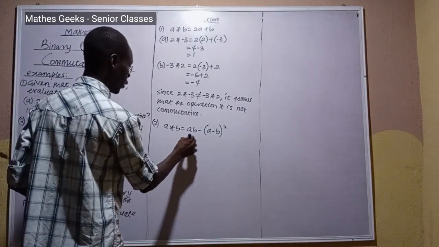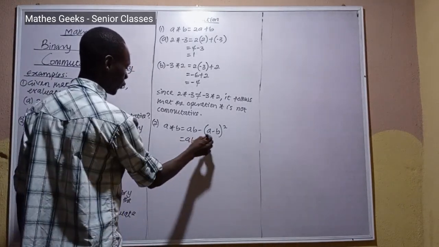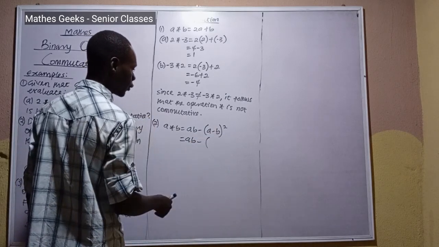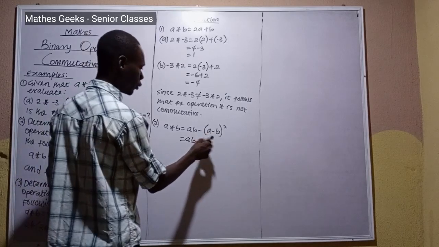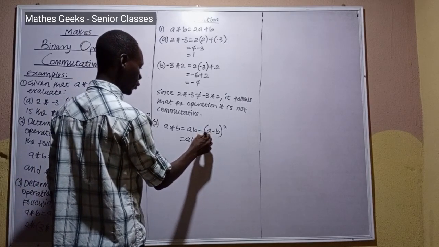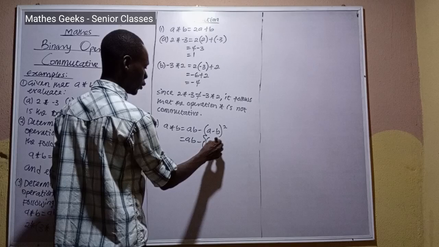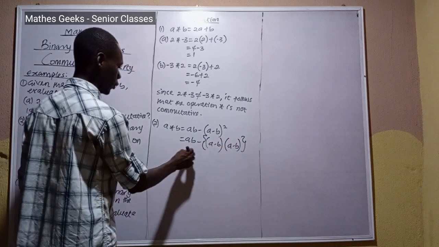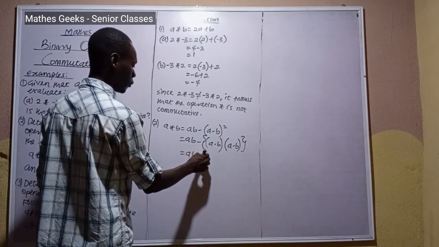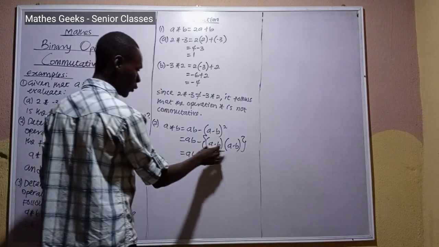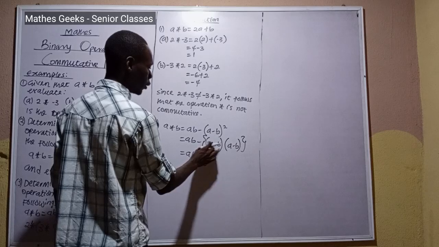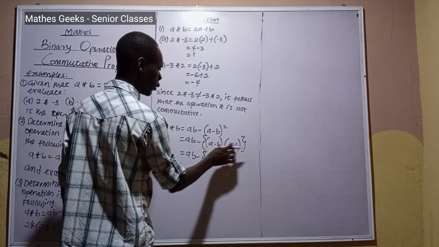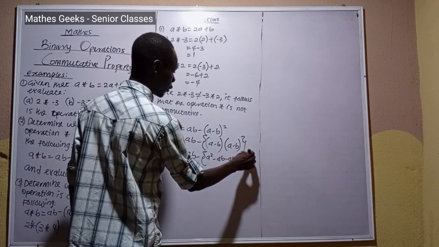AB, then minus this part here, A minus B, A minus B. So A minus B times A minus B: A times A is A squared, A times minus B is minus AB, minus B times A is minus AB, minus B times minus B is plus B squared.